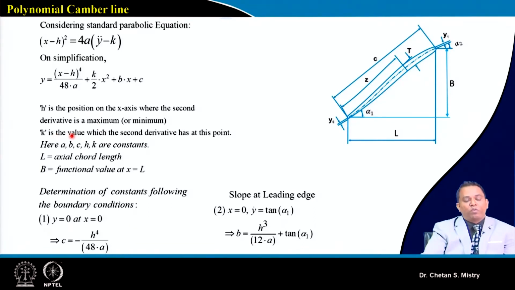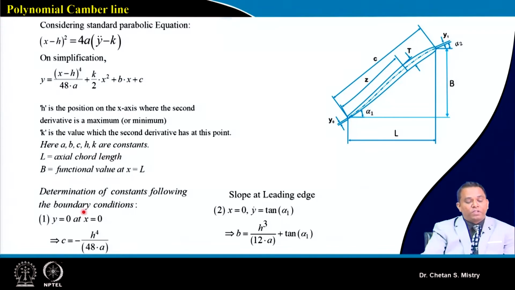K is the value which the second derivative has at that point, and a, b, c, h and k are all constants. In order to get the solution for this equation, we need to find these constants: a, b, c, h and k.